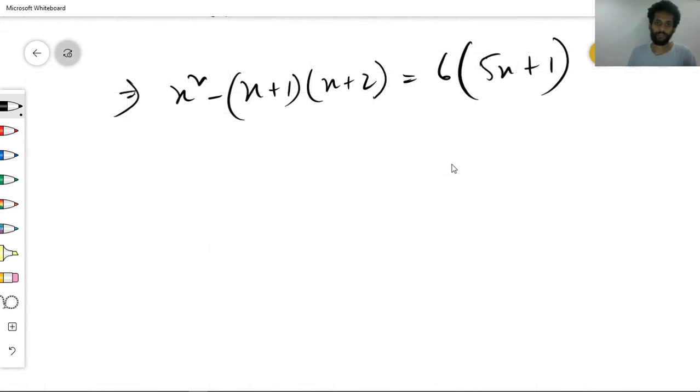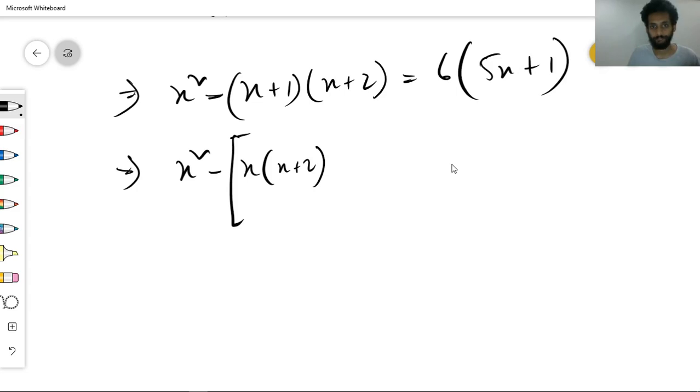Okay, so now this one will be x square minus x. Here is a minus. Okay, just keep this because there is a minus, so I am giving another bracket here so that there will be no confusion. Okay, so here is another minus here, so x plus 2, then plus 1 times x plus 2.